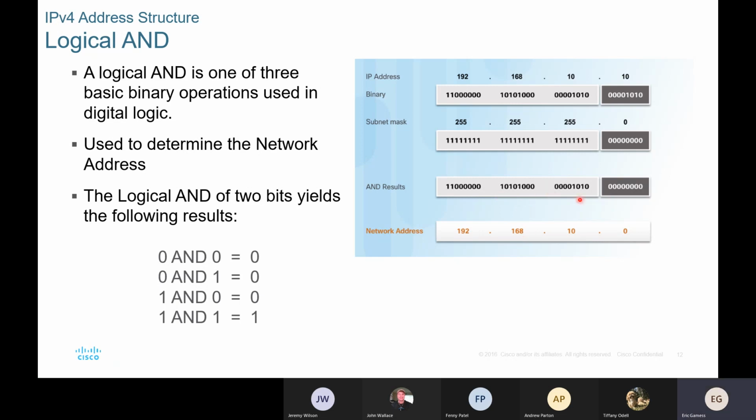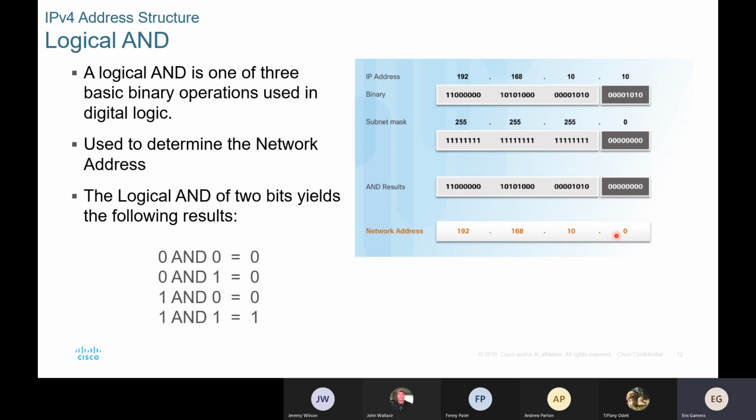The third byte will be 10. And the last byte will be 0. So this IP address with this subnet belongs to the 192.168.10.0 network.